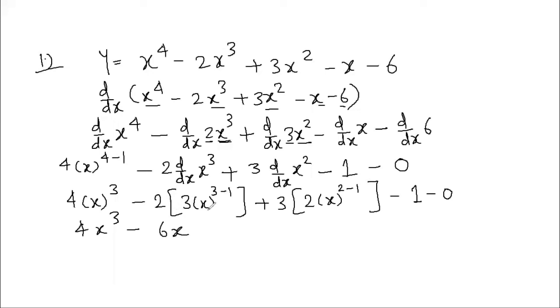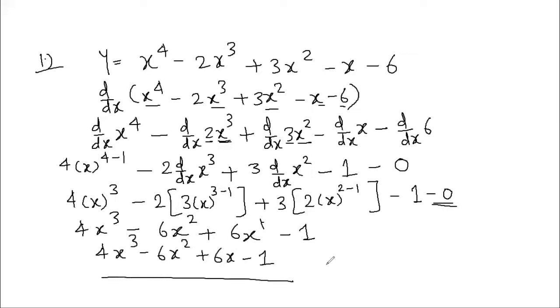And x to the power 3 take away 1, so 2, plus, this is 3 times 2 is how much? 6. x to the power 2 take away 1 is 1, and minus 1. Now I'm not writing 0 because there is no meaning to write it again and again. This is 4x cube minus 6x square plus 6x and take away 1. And that I want to write as my final answer.